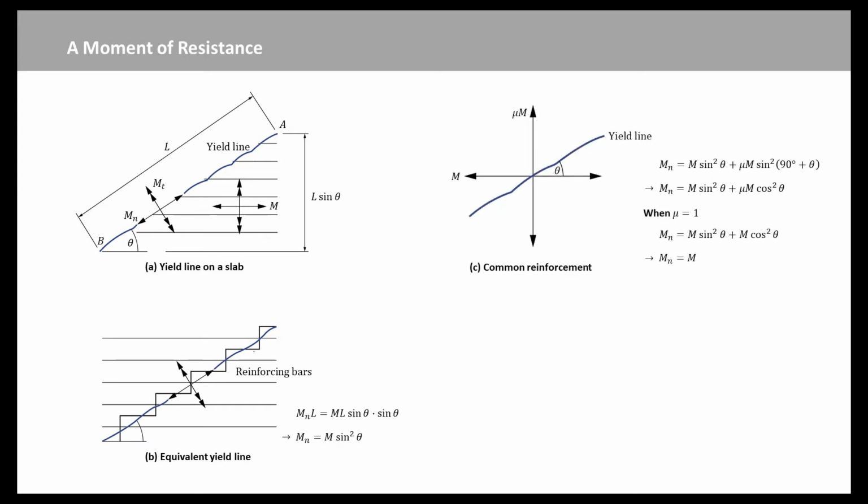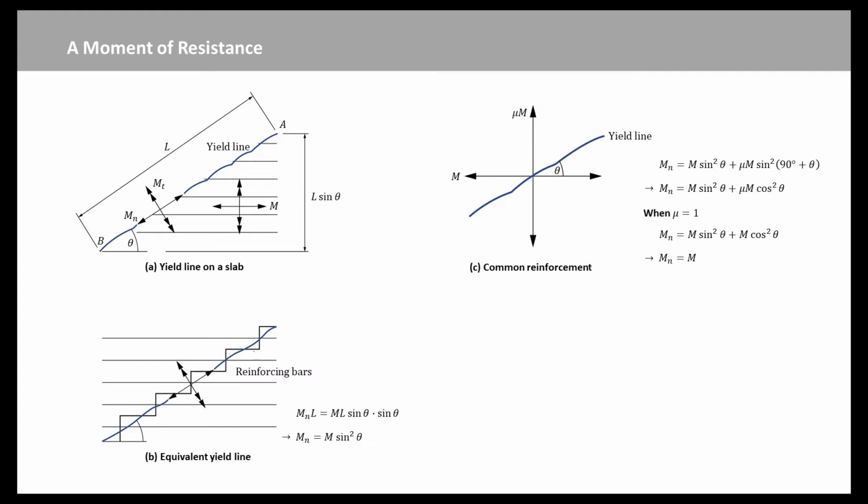Figure C shows the most common situation of perpendicular reinforcement. Notice the shorthand in the figure to identify the moment of resistance of each set of reinforcement. The arrows indicate the direction of the reinforcement. Using this equation, we have this expression.